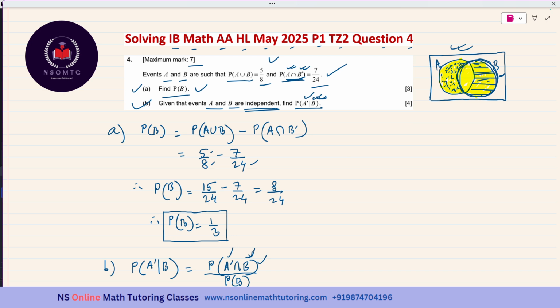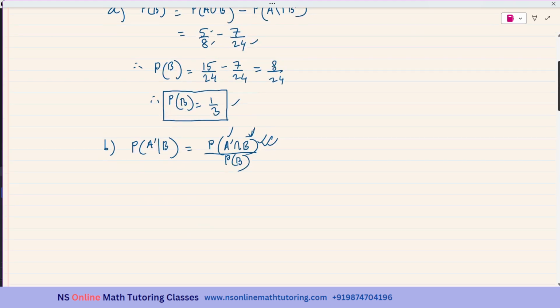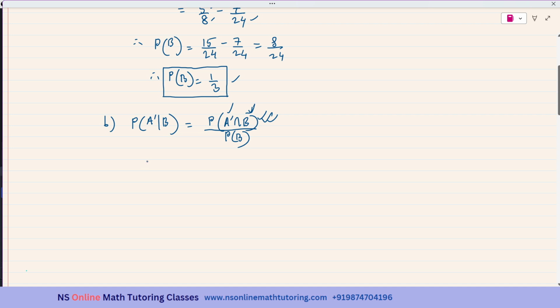If we can find the probability of A intersection B, we can just subtract it from P of B. So P of B minus P of A intersection B will be equal to P of A prime intersection B. Let me write the formula in case you are getting confused: P of A prime intersection B should be equal to P of B minus P of A intersection B.